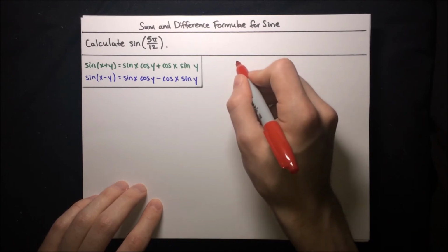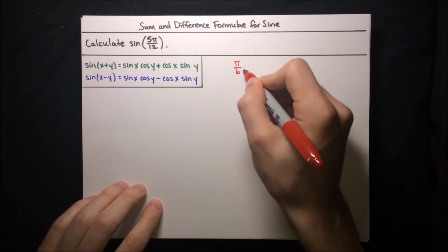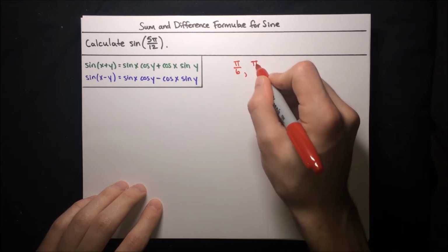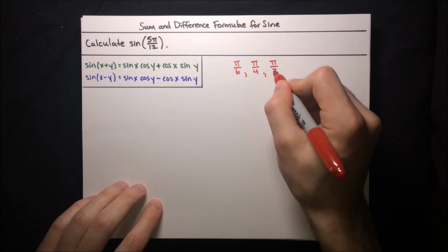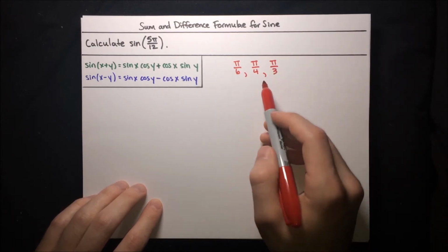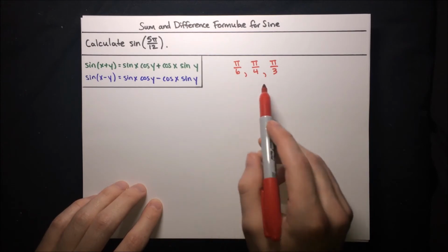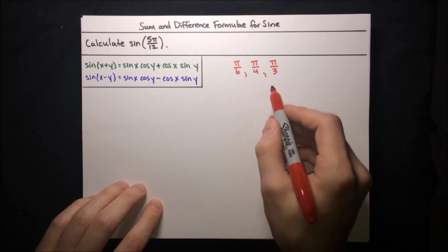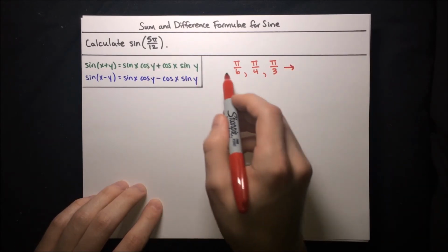Why don't we start by writing down what the special angles are in radians? Well, that's just pi over 6, pi over 4, and pi over 3. Now, to make it easier to see whether 5 pi over 12 is a sum or difference of two of these, why don't we express these all as fractions with the denominator 12 to match up the denominators.